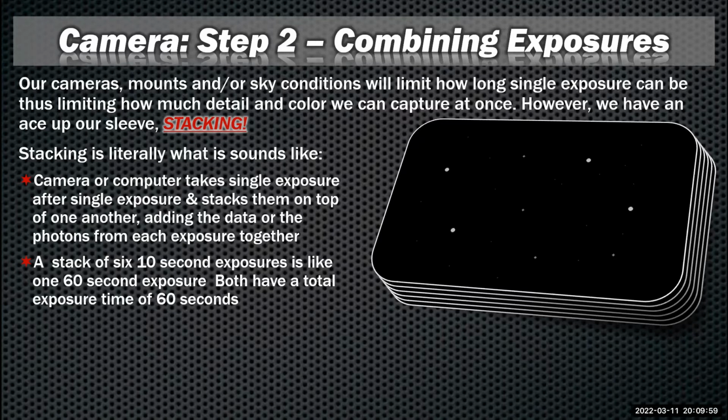It's just going to keep doing it and keep doing it. So you can think about it like a stack of six 10-second exposures is kind of like one 60-second exposure. Now that's not exactly correct. They're not equal. This is just kind of thinking about it, because a 60-second exposure does have more information and is better than just six 10-second exposures.